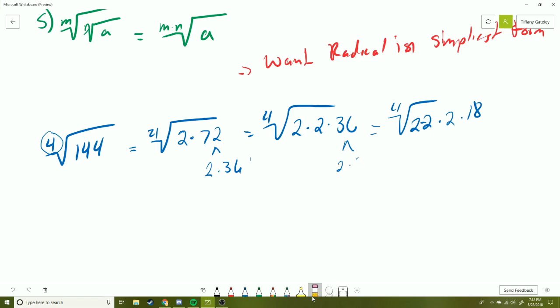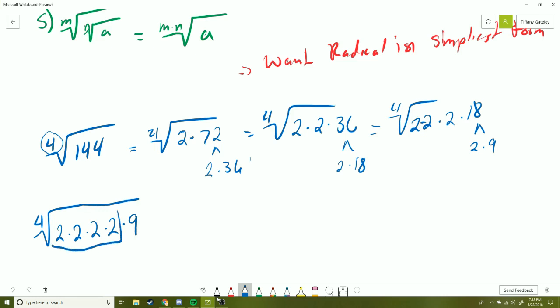My dyslexia for you. And then you're breaking down your 18 to 2 times 9. So this gives you your fourth root of 2 times 2 times 2 times 2 times 9. So you have your four 2's, so you can pull that out. So that equals 2 fourth root of 9. And that is the simplest form.